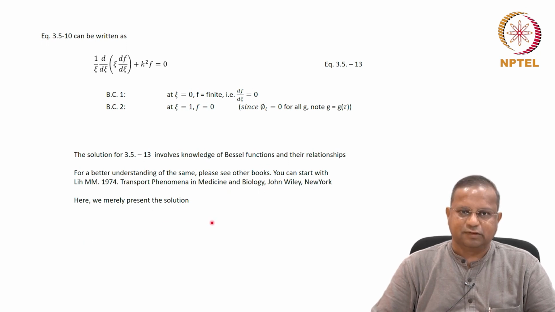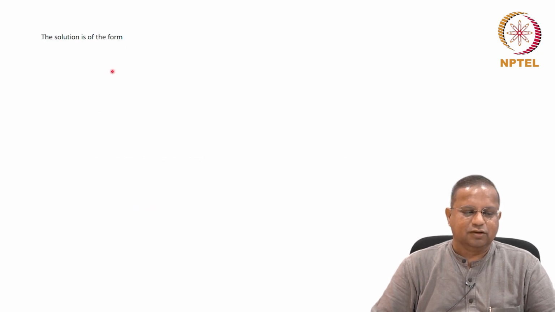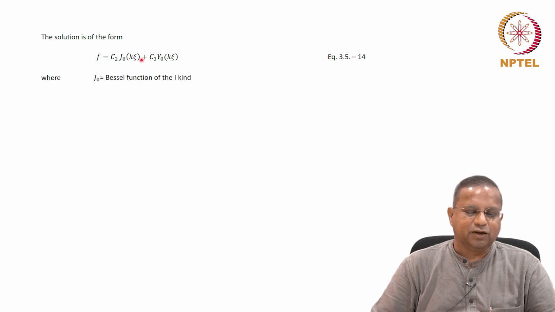Here we are going to merely present the solution. The solution is of the form f equals c2 times a function plus c3 times another function. Equation 3.5-14, where this J0 is called the Bessel function of the first kind, which is defined as this.